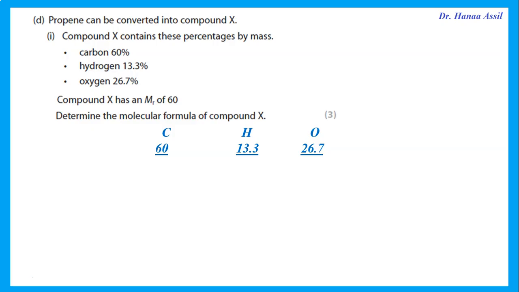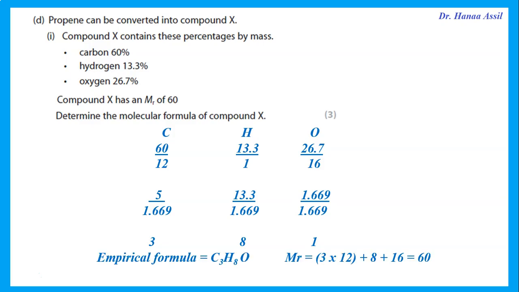We have the percentages of each element. First, divide by the mass number of each of them. So carbon by 12, hydrogen by 1, oxygen by 16. And the numbers that come out, we need to simplify them, so we divide by the smallest. These are the numbers that come out, and that means the empirical formula is C3H8O.